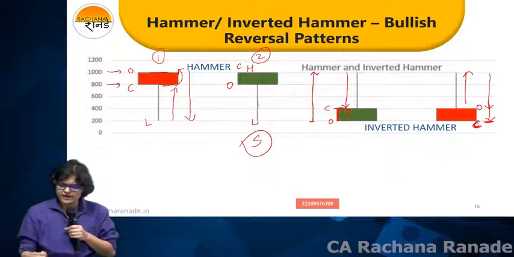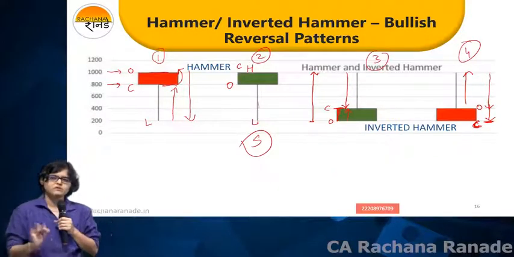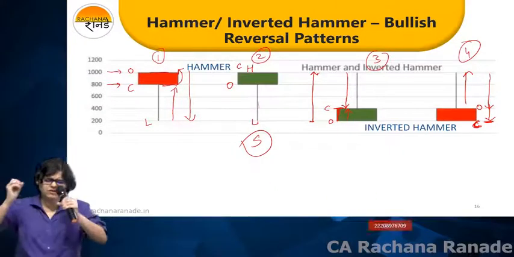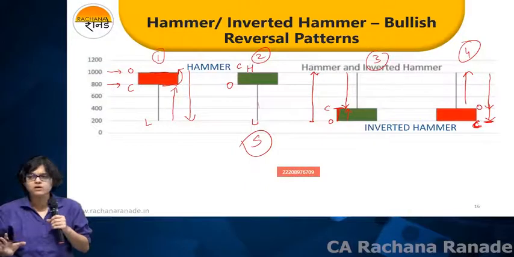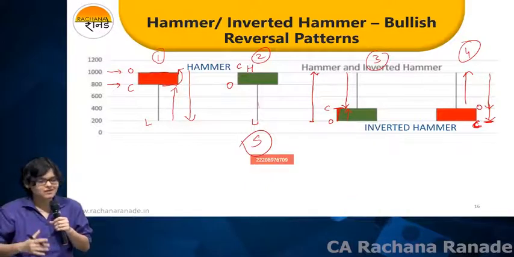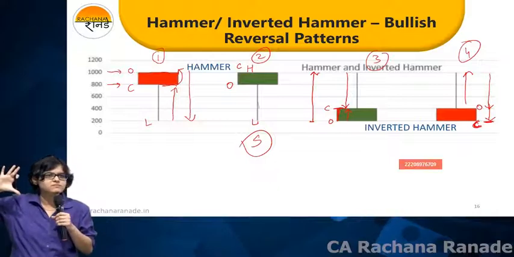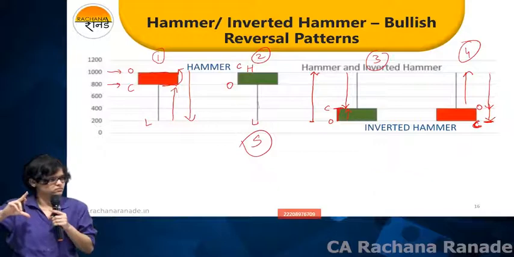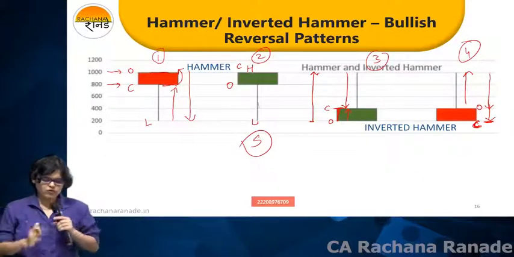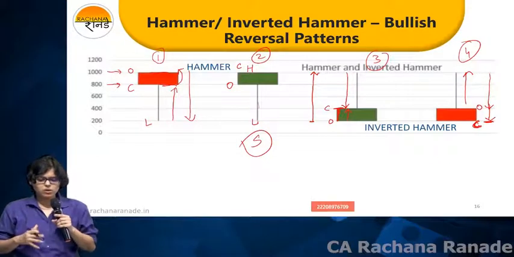So let it be case 1, case 2, case 3 or case 4. All hammers, or all inverted hammers, formed at the end of a downtrend give a reversal signal. Confirmation is received when a second big bullish candle is formed. Okay? Out of all these scenarios, nothing is way too different.